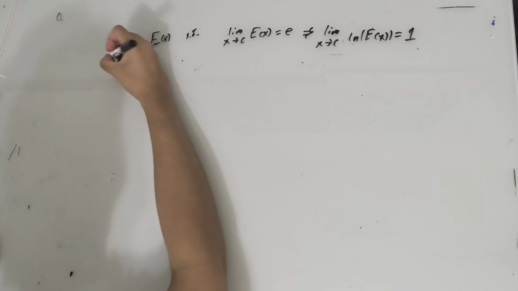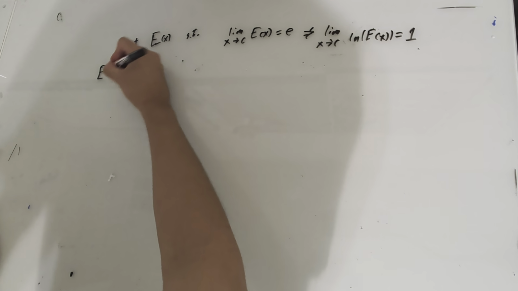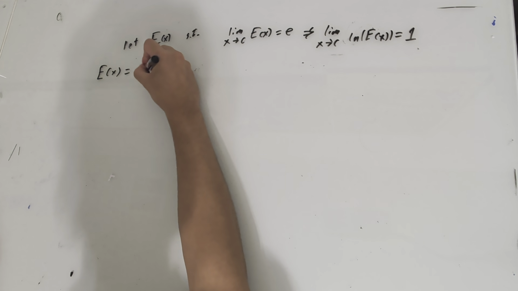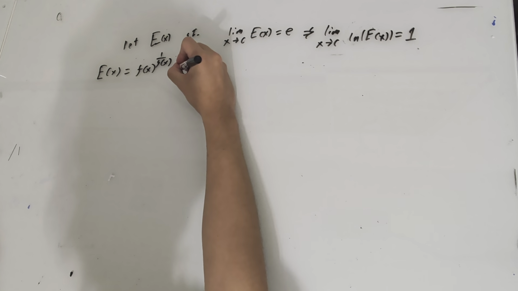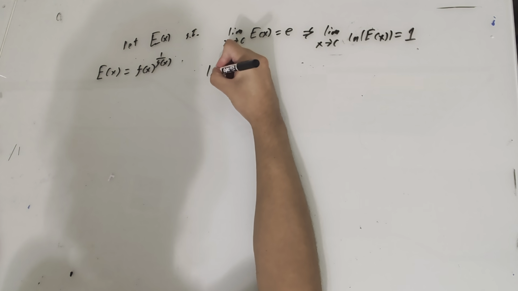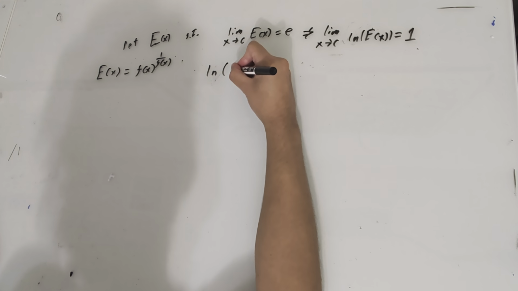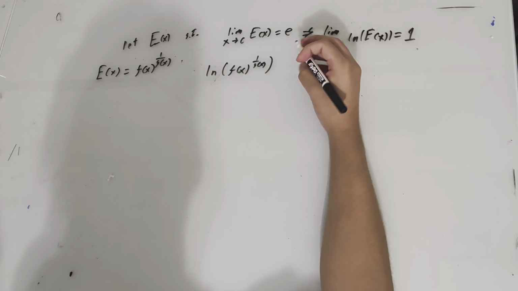Okay, so if we define a function here, e to the x as f of x to the power of 1 over g of x, then this natural logarithm becomes the natural log of f of x to the power of 1 over g of x, right?